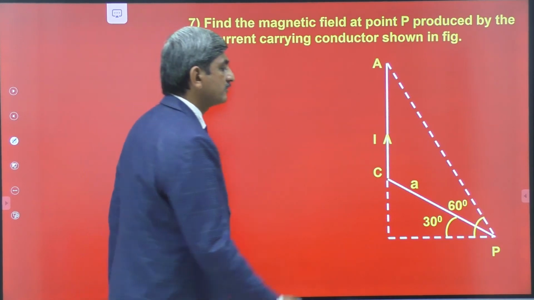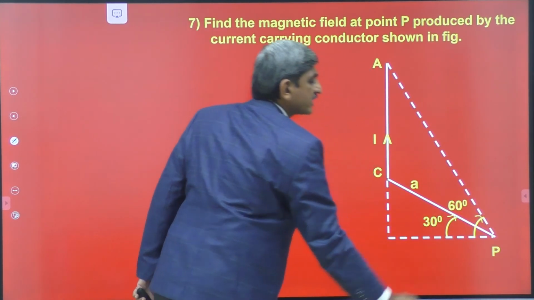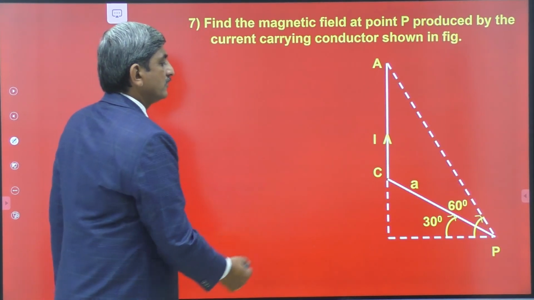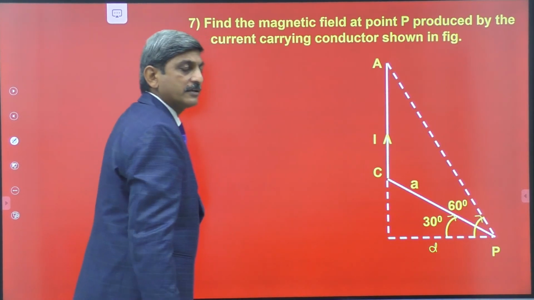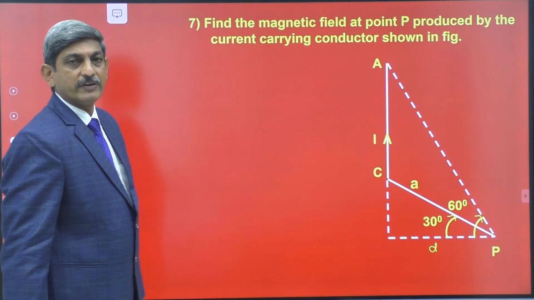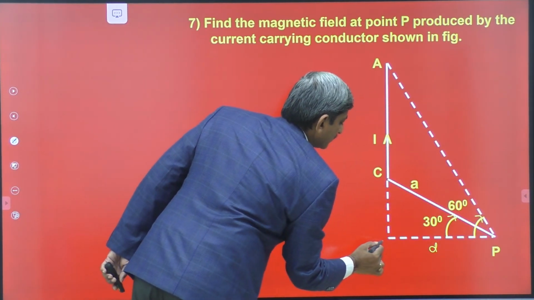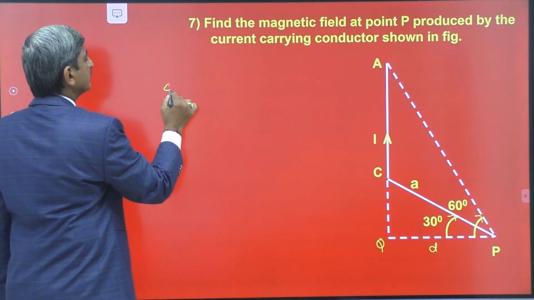When you see the diagram, this is measured in the clockwise direction and this is also measured in the clockwise direction. Now, suppose D is the perpendicular distance of the point from the given wire. See, there is a right angle triangle CPQ, let it be Q. From the triangle CPQ, what can we write?